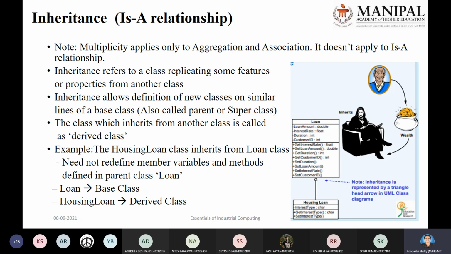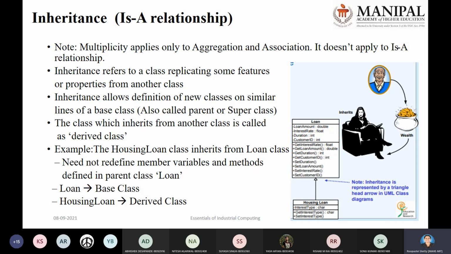See, the base class and derived class cannot be totally unrelated, right? When you are using an is-a relationship, somewhere they should be connected. Loan and housing loan are connected. That is why I can have an is-a relationship among them.